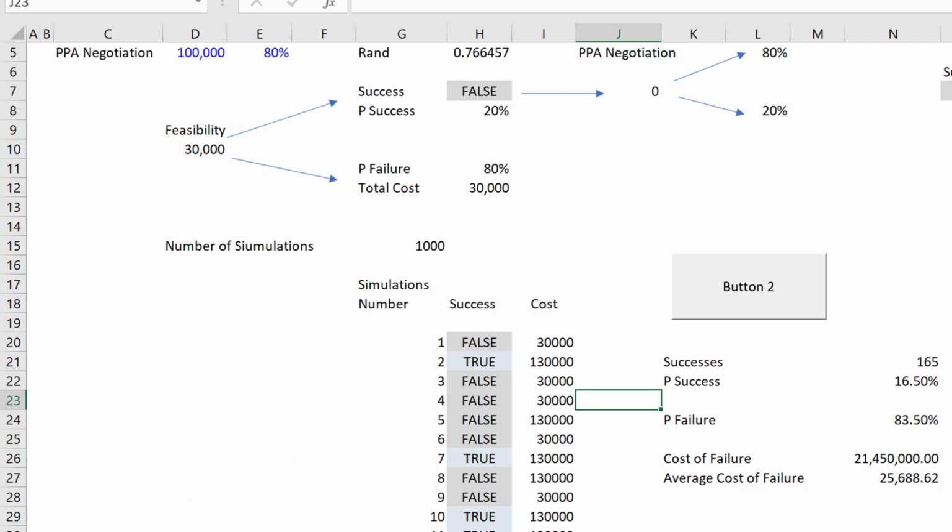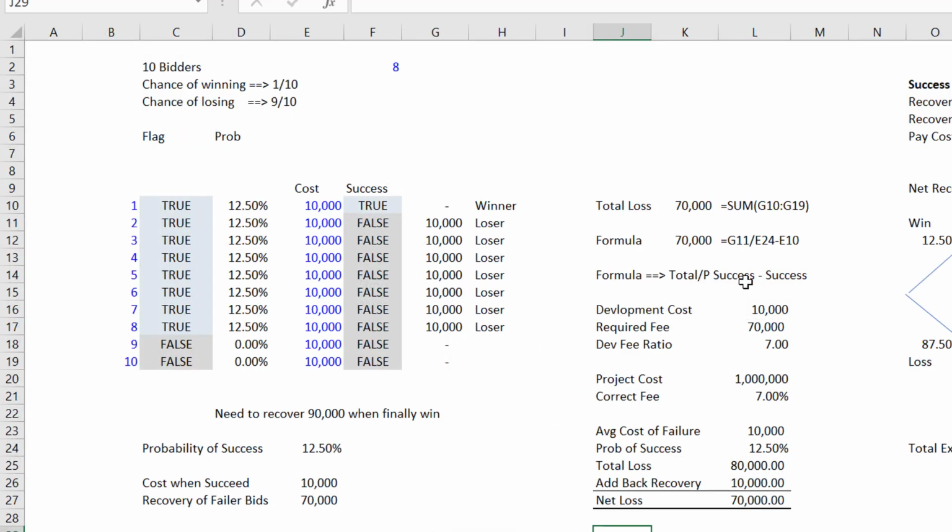Now, here's when I did this other thing, I really should have made our formula like this. The real formula here is the average cost of failure divided by the probability of success, minus the cost recovered.